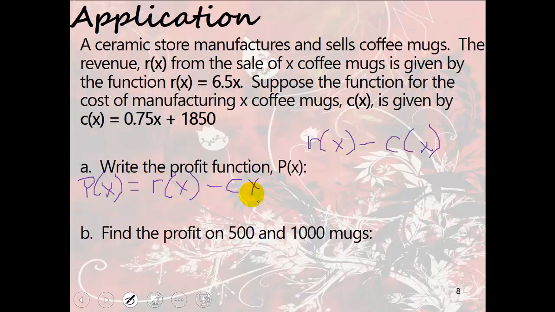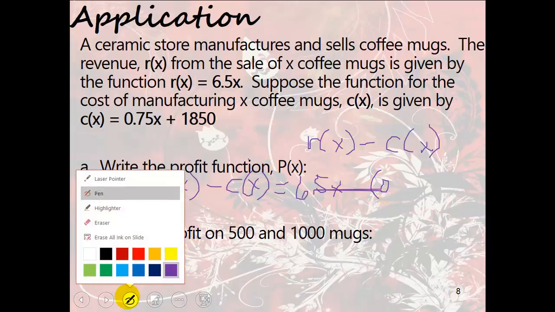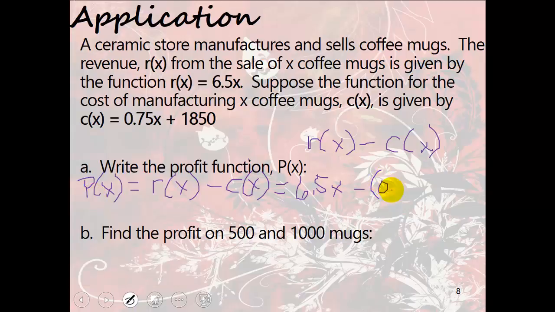And so I'm going to get 6.5x minus 0.75x plus 1850. So that is 5.75x minus 1850. That's my profit function.